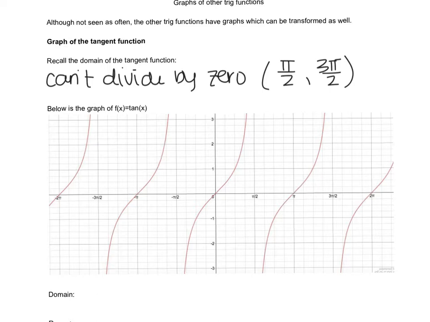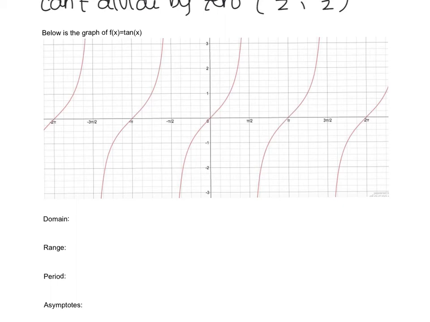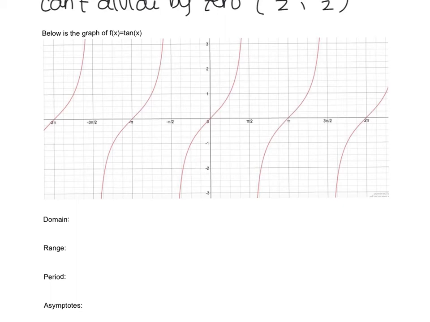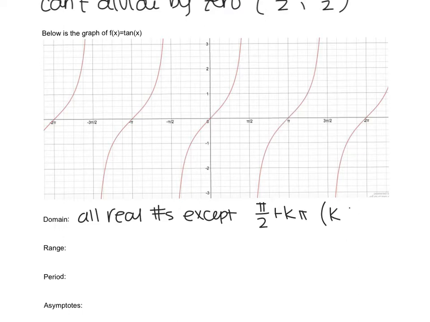So we can go ahead and generalize information about the tangent function. First of all, its domain is going to be all real numbers except pi over 2 plus k pi, where k is an integer.